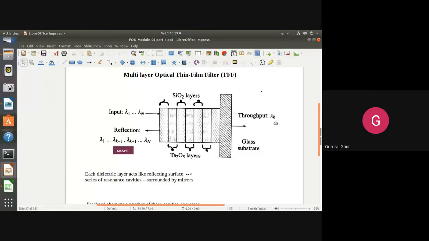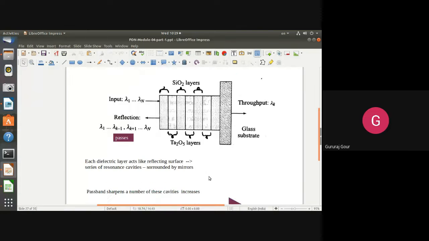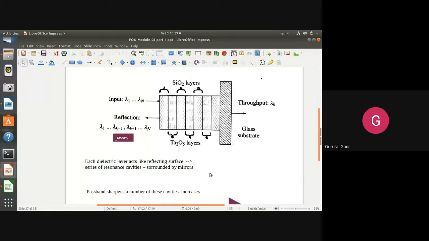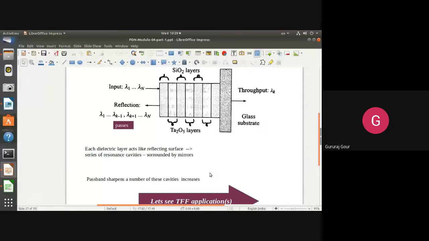The remaining wavelengths falling outside will be absorbed or cancelled by destructive interference. Each dielectric layer acts like a reflecting surface, a series of resonance cavities surrounded by mirrors. The passband sharpens as the number of cavities increases. The passband will be sharper if you go on increasing the layers.